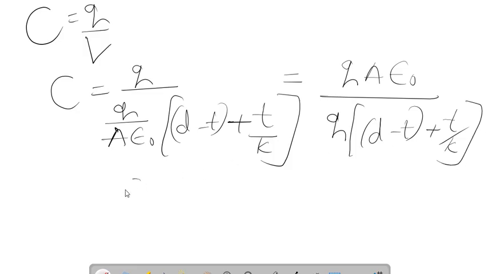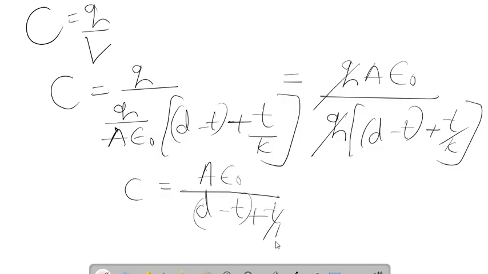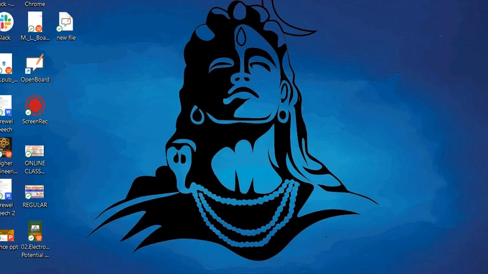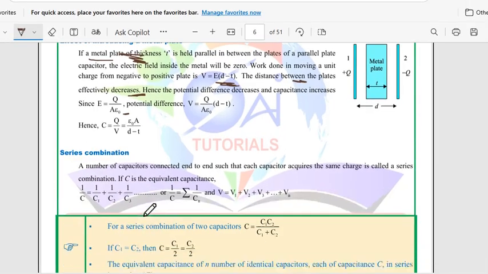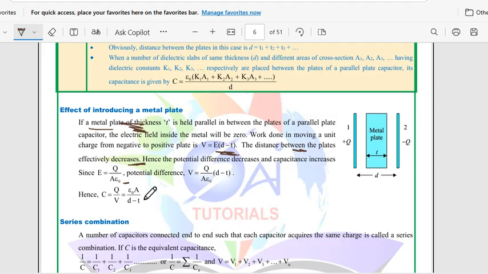Q gets cancelled, and C becomes A into epsilon naught divided by (D minus T plus T by K). This is the answer, the capacitance of the parallel plate capacitor.